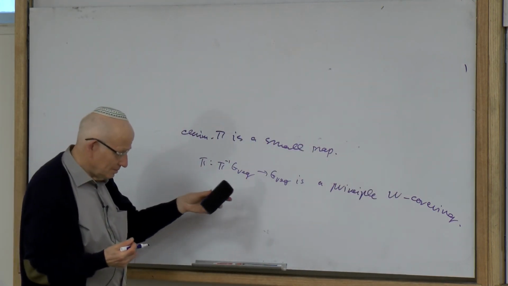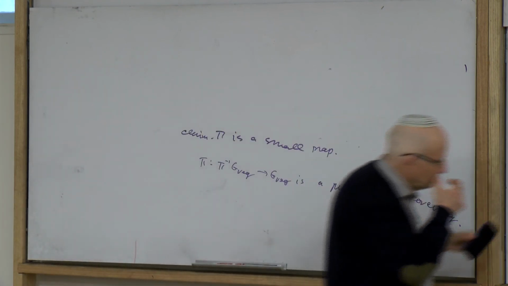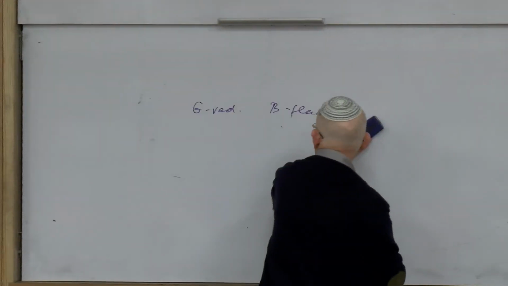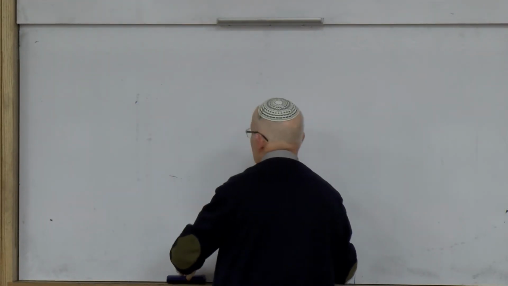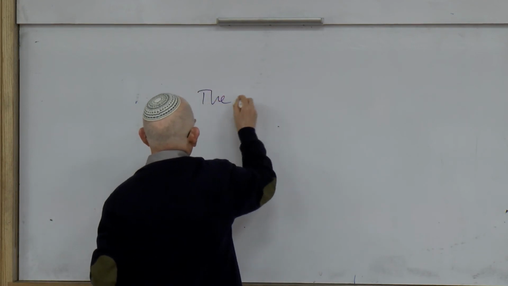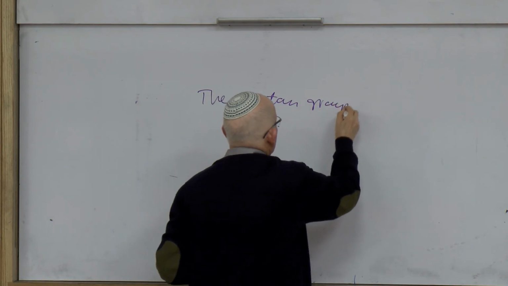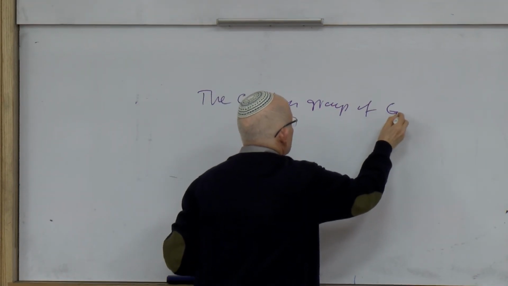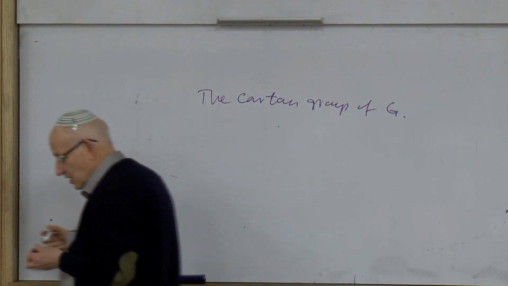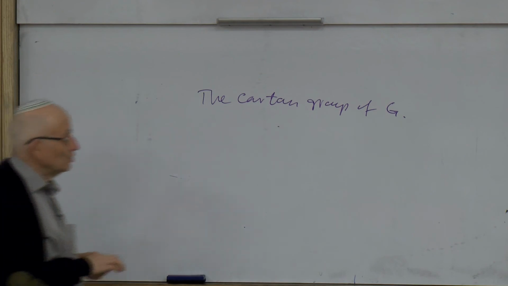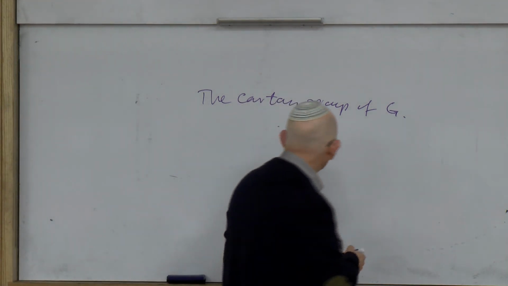First I want to explain what the W group is doing here. This is related to the notion of the Cartan group of G. Usually the Cartan group is defined up to conjugation, but it turns out that it can be defined absolutely canonically, not as a subgroup of G, but as a group.